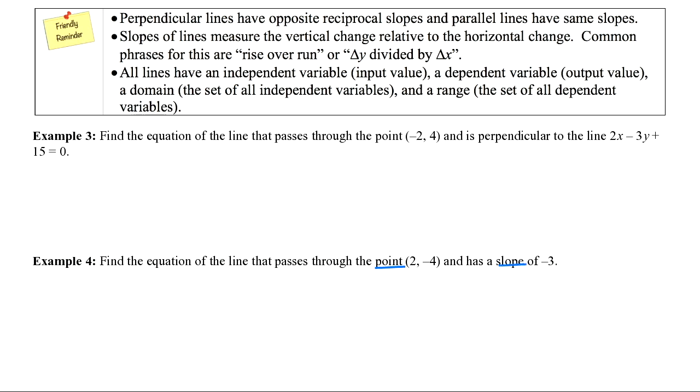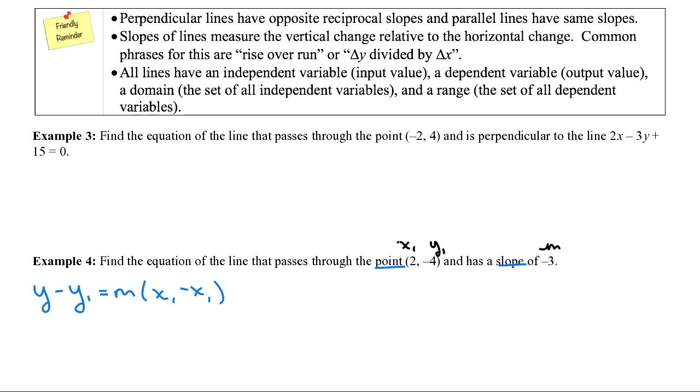And remember that one is y minus y1 is equal to m times x minus x1. Okay, for the purposes of this video, here's my point. I'm going to call this one x1, and this is y1. And then we know our slope is m.